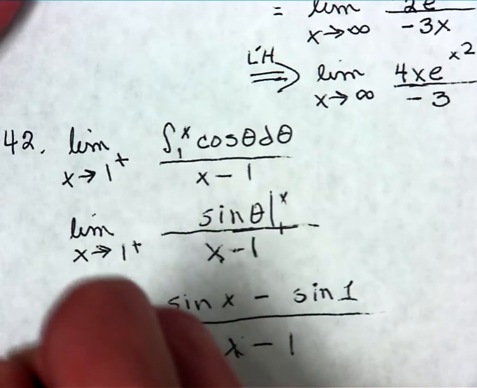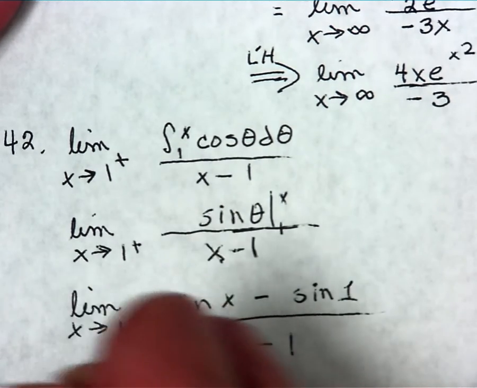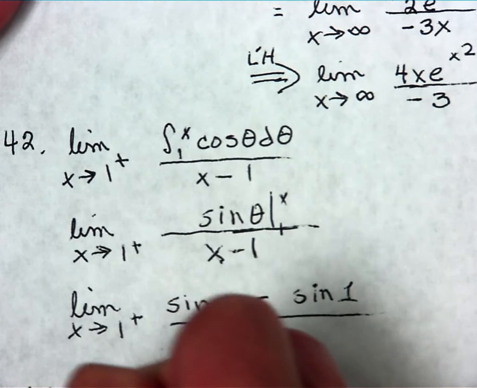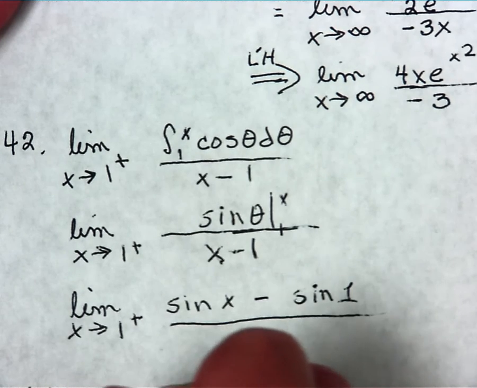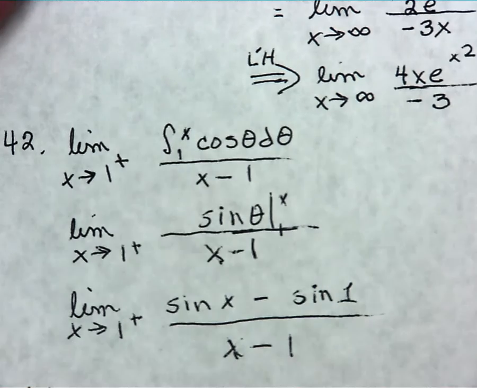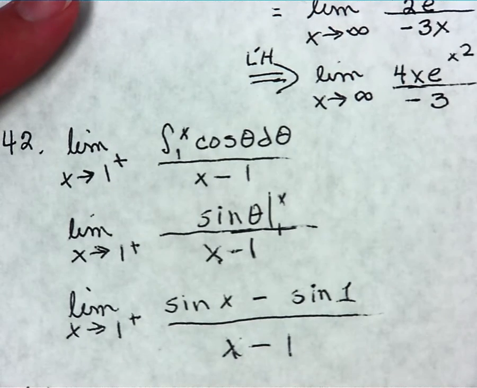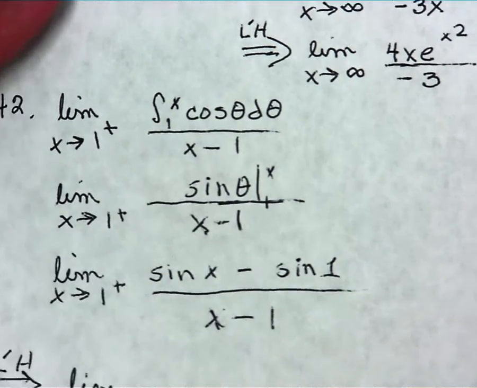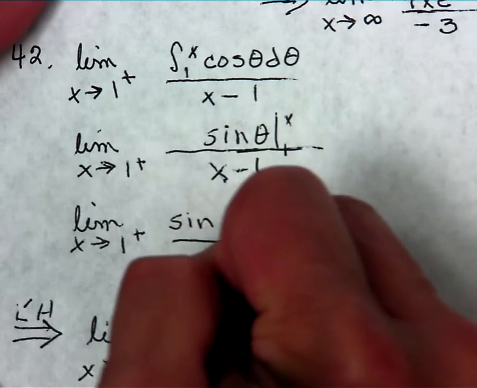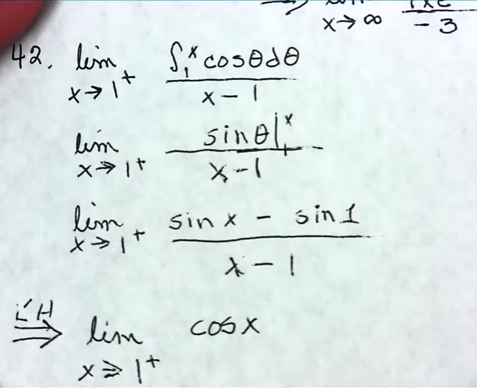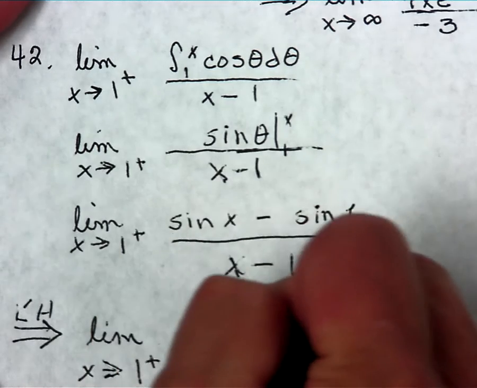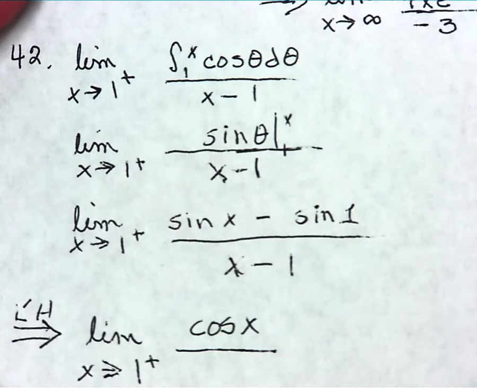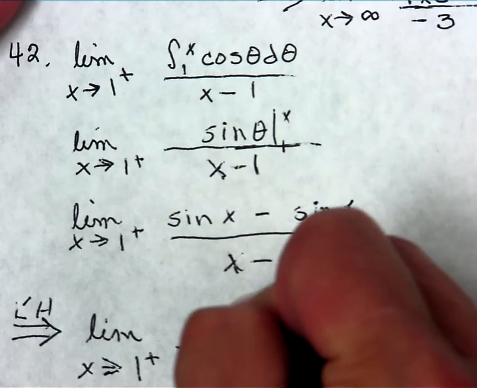So, by L'Hopital's rule, limit as x goes to 1 from the right of the derivative of the numerator is what? Cosine x. Derivative of the second term is a constant, so it's just 0. And then the derivative of the denominator is 1.